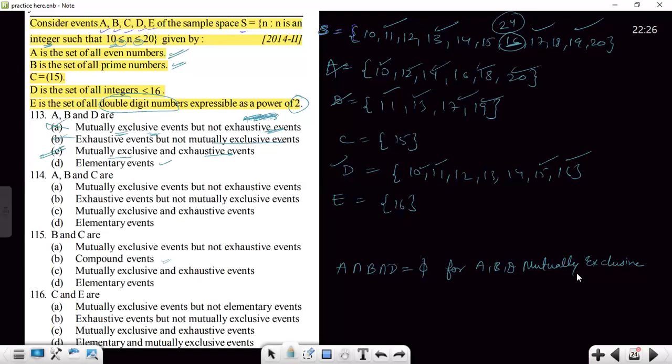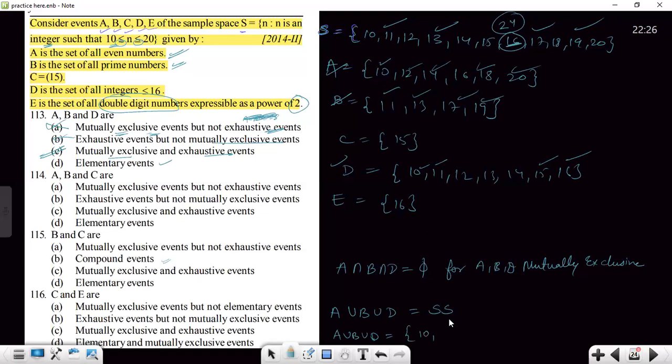Yes, sir. Okay. Let's now talk about exhaustiveness. For them to become exhaustive, their union has to become equal to the sample space. Now let's take the union of all, starting from the least number, 10.